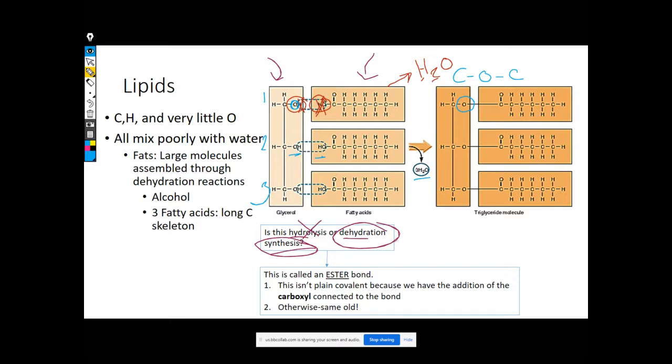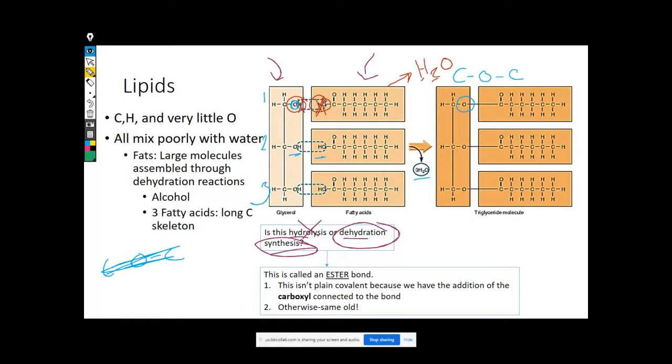So the only thing that's really different, aside from the fact that we've done it 3 at once, is that we're naming this a little differently. This is what this bottom box is talking about. Remember when we did sugars, we called them covalent bonds, because those were just boring C to O to C bonds. And if you flip back in your notes, there wasn't anything else attached to those carbons. They were pretty boring molecules otherwise. On these guys, they're called ester bonds.